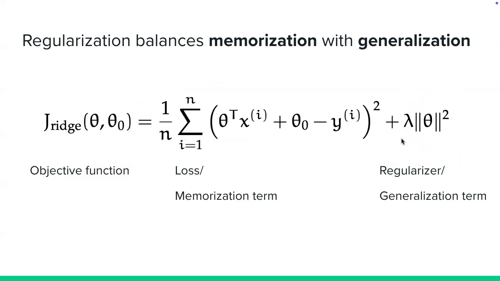But if we have a non-zero value of lambda, like 0.5, 0.7, or 1, then we have this regularization term. So we set this value of lambda by ourselves to decide how much regularization we want.